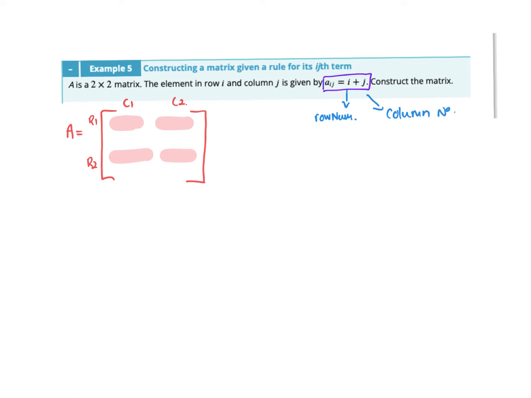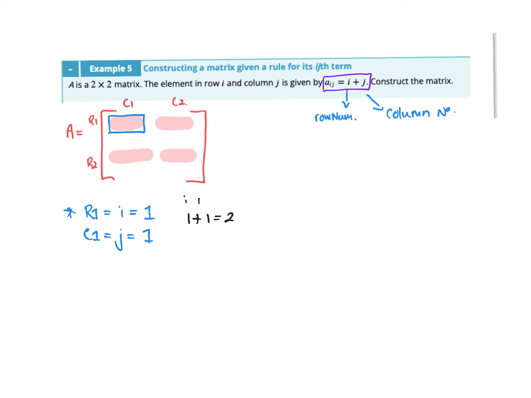I'm using this formula or code that they've just made up to find what number goes in here. I'm going to do this first example here. Because that is in row 1, i equals 1, and because it's in column 1, j equals 1. If I use that rule to find the element, it's 1 plus 1, which equals 2.